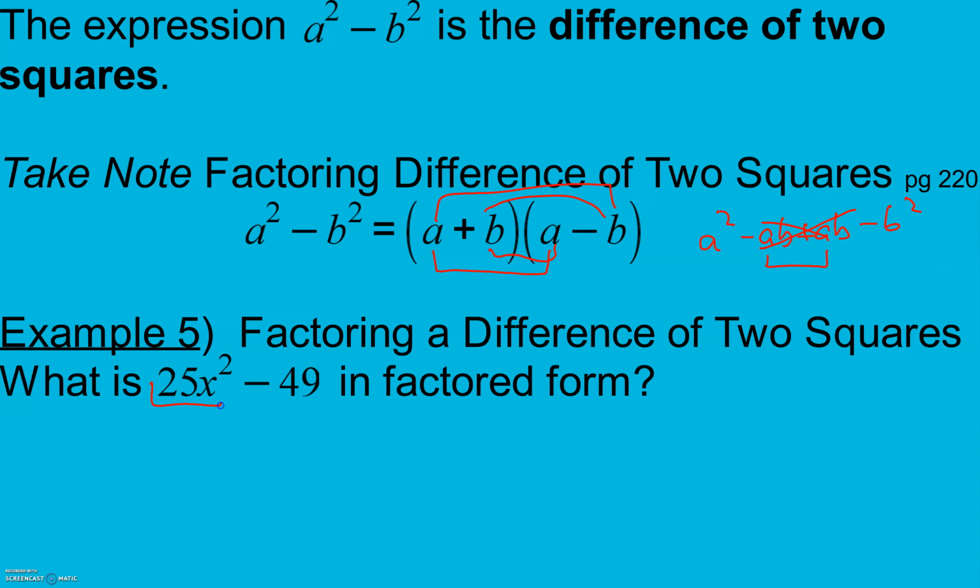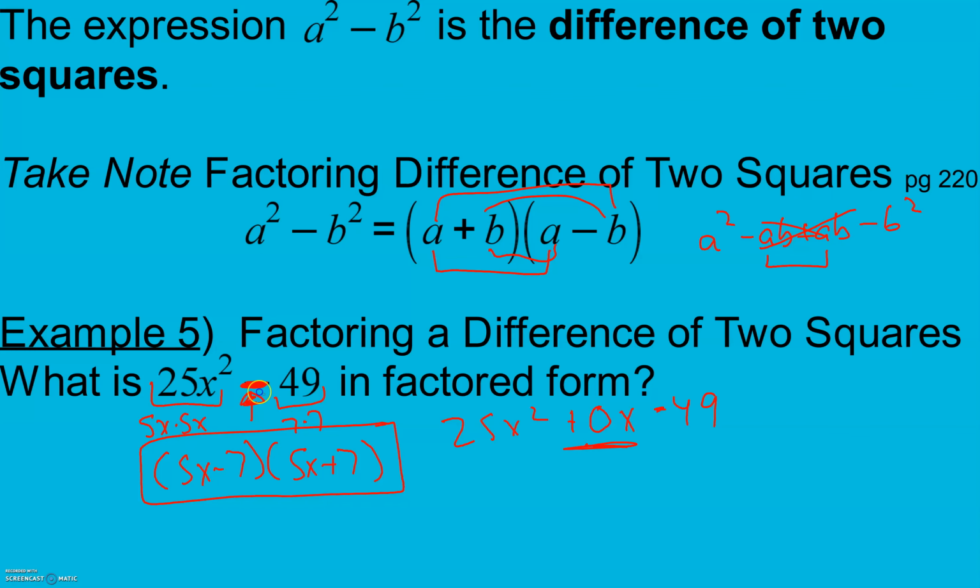So if I have two perfect squares here, 5x times 5x and 7 times 7, separated by subtraction, I know the only way that I can multiply to 49 and add to 0, I have no x terms here, so that's 0, is if I have the same numbers, just different signs. So this is going to be 5x minus 7 and 5x plus 7 in order to multiply to a negative. So it's a difference of two squares.